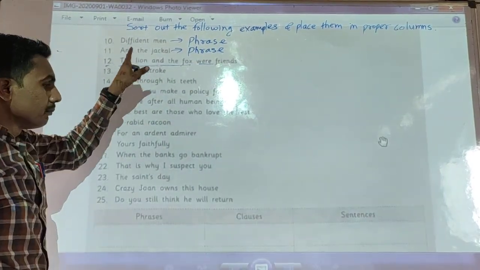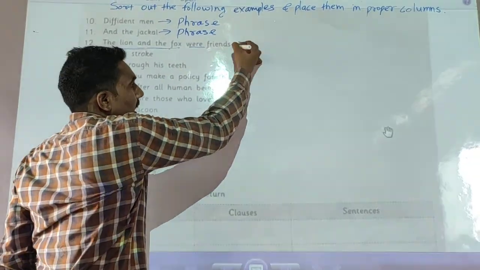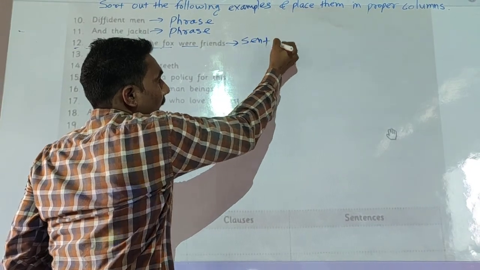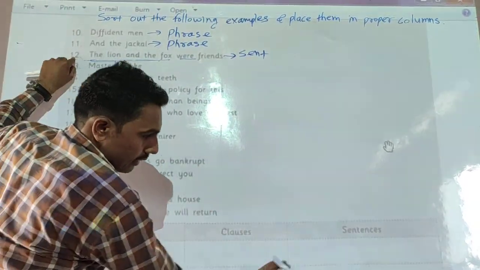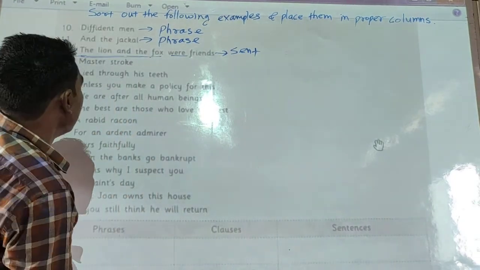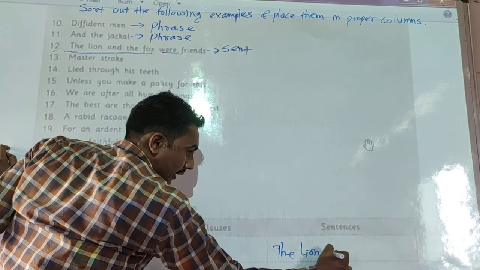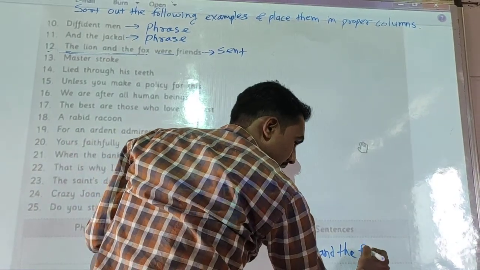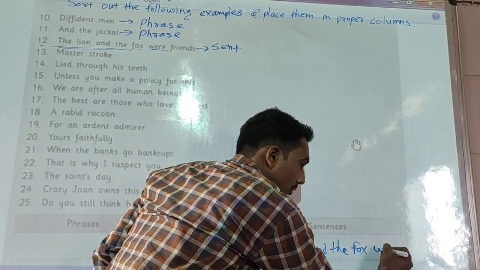According to the meaning of this example, we write it into the sentence column. So I write here sentence. You should write this example in these columns: the lion and the fox were friends.